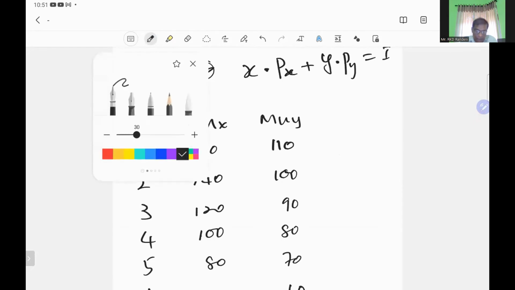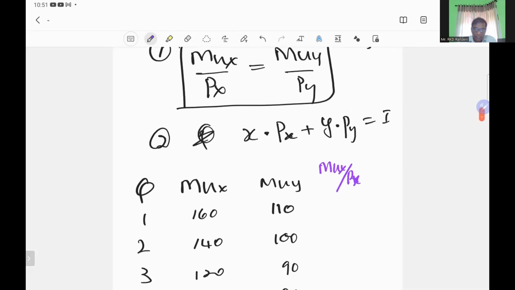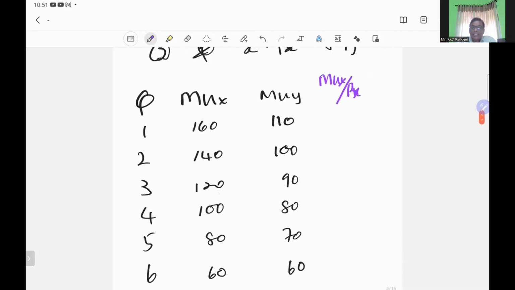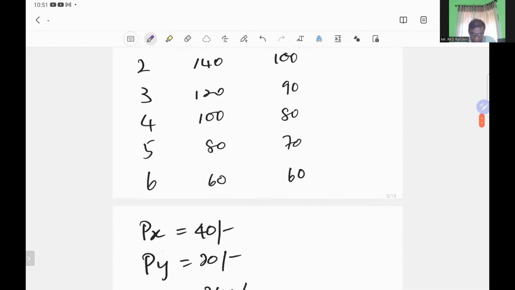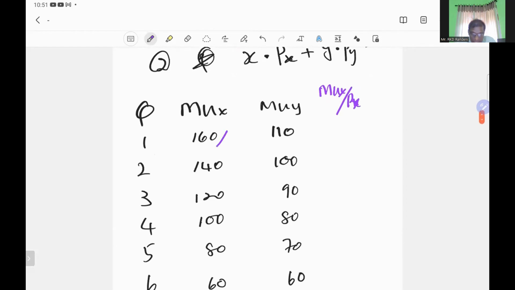Now, according to the first condition, MUX divided by price of X. This is the first part. MUX is given. The price of X is also given, that is 40. Then you divide by 40: that is 4.